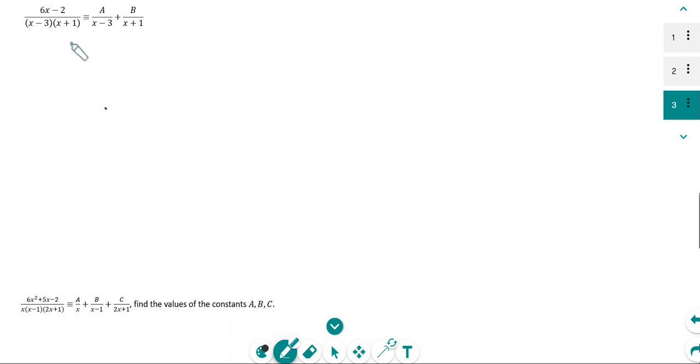Okay, so if I multiply this one with a by x plus 1 top and bottom, and then I do x minus 3 for the b one, I could write something like this.